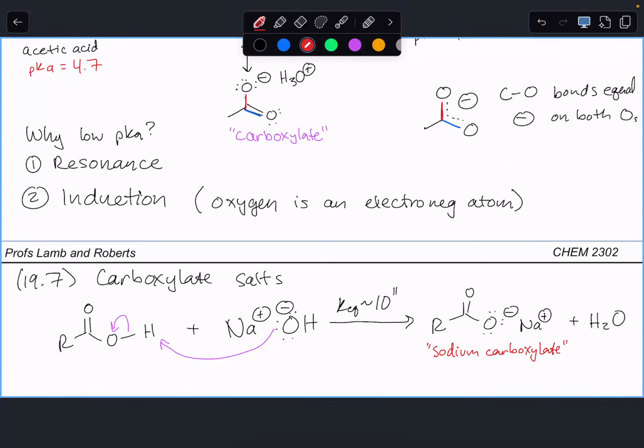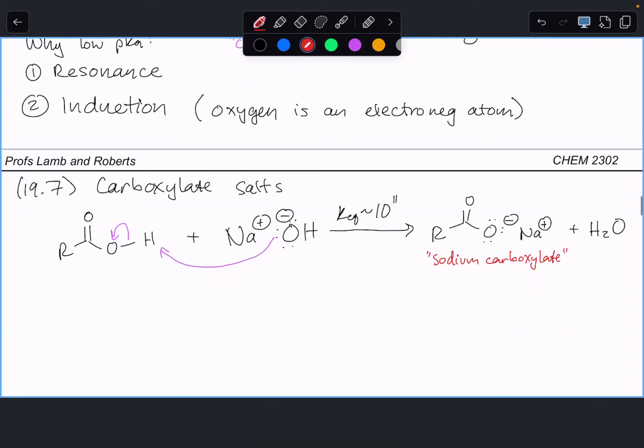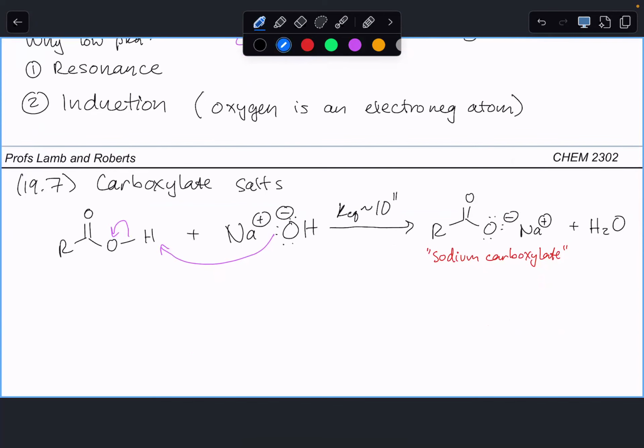But it doesn't have to be sodium. I could have used potassium hydroxide and then it would have been potassium carboxylate. But it doesn't have to be hydroxide. Any strong base will do this. As a reminder, we've learned about a lot of strong bases. Any organometallic is a strong base, so it can do this.